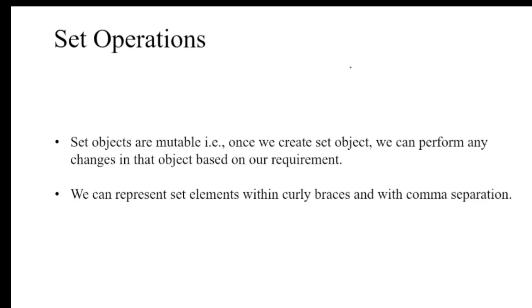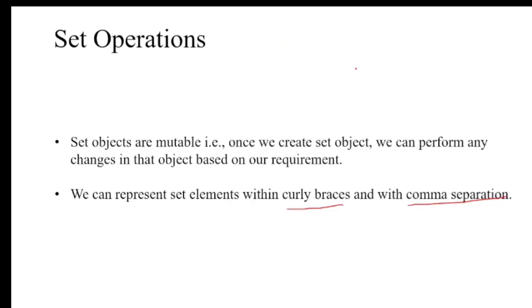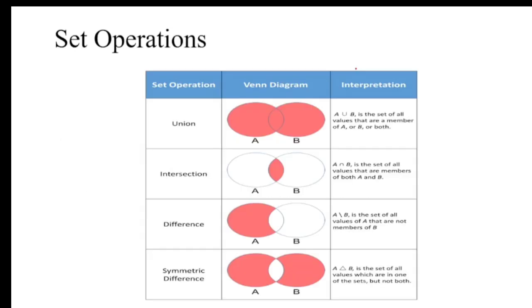We represent set elements within curly braces with comma separation. The first set operation we have is union. We have intersection, difference, and symmetric difference.